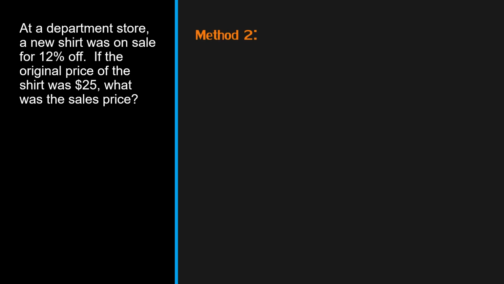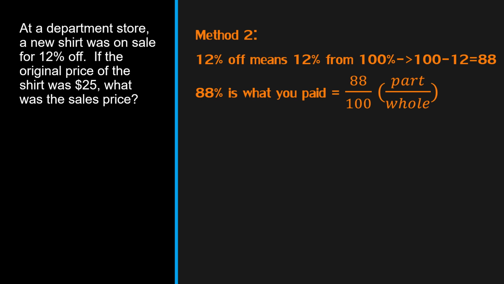All right, let's try another way. Same problem. Let's look at a different way of looking at it. Remember, y'all, we said we always start with 100%. So if it's 12% off, 100 minus 12 is 88. This is how much I'm going to be paying. I am paying 88% of the shirt. So we set up our fraction, part over whole. Remember, percent, out of 100.